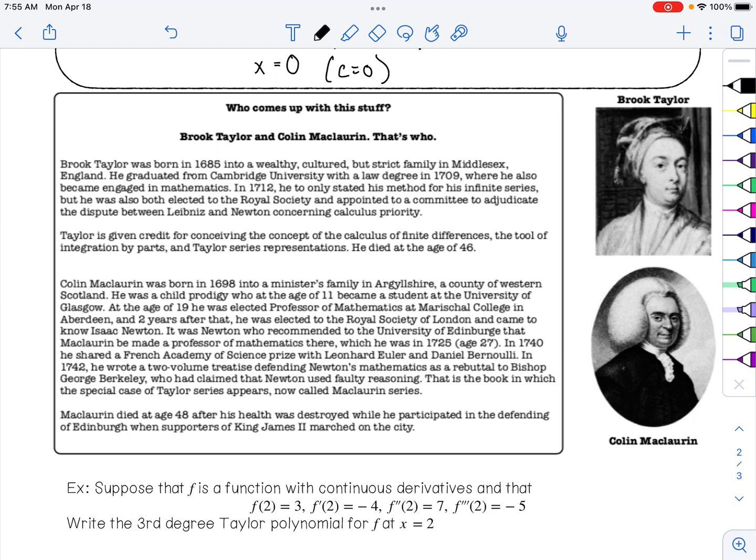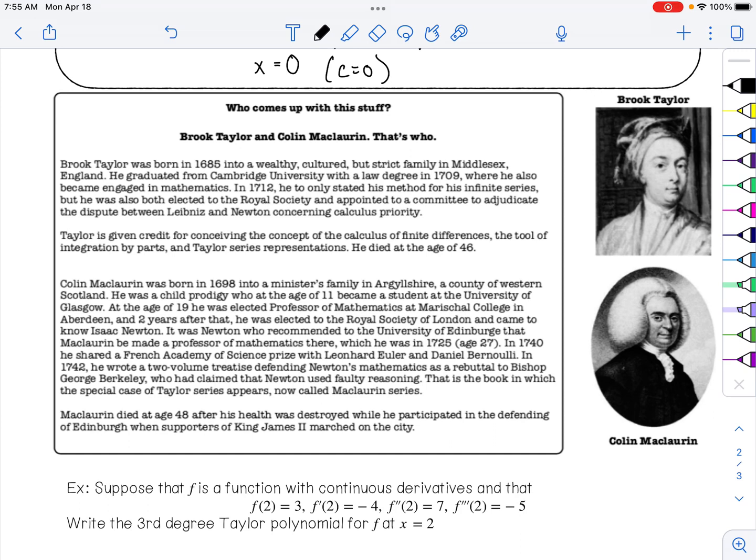In 1712, he stated his method for infinite series, but he was also elected to the Royal Society and appointed to the committee to adjudicate the dispute between Leibniz and Newton concerning who discovered calculus. That was always a big argument. Taylor is given credit for conceiving the concept of calculus of finite differences, the tool of integration by parts, which we've learned about before, and Taylor's series representation. He died at age 46.